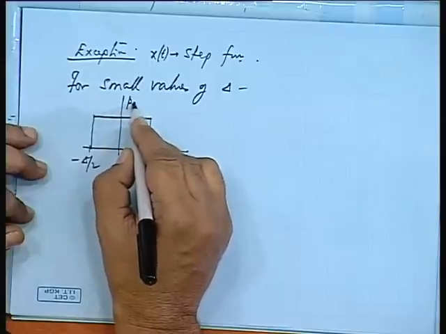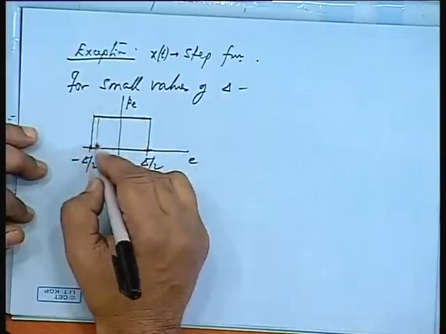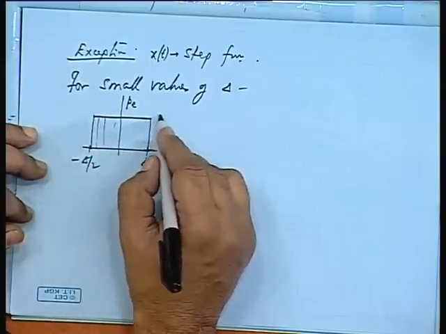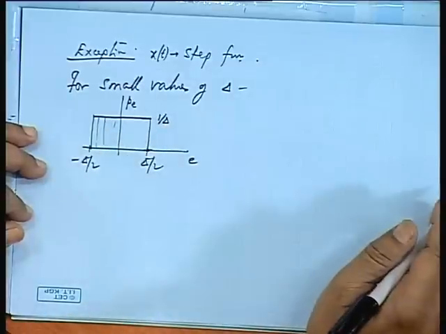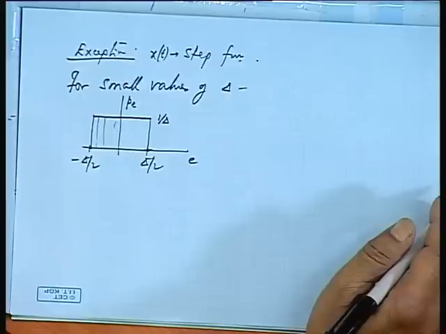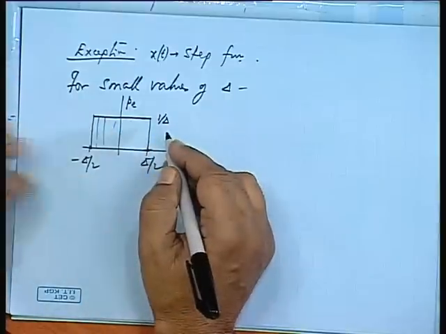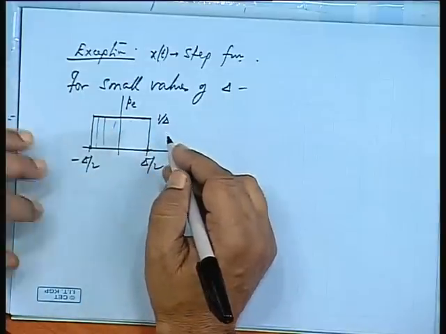This is the probability, this will be of height 1 by delta, total probability is 1. So, this is the probability density function.